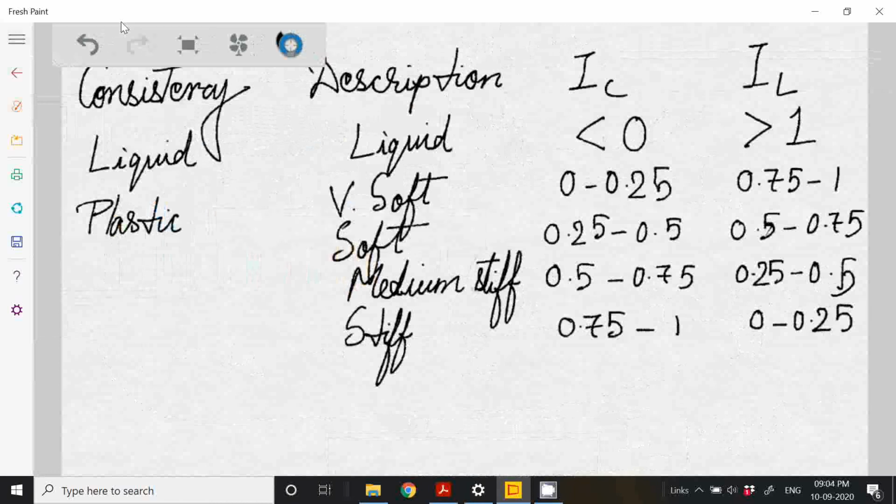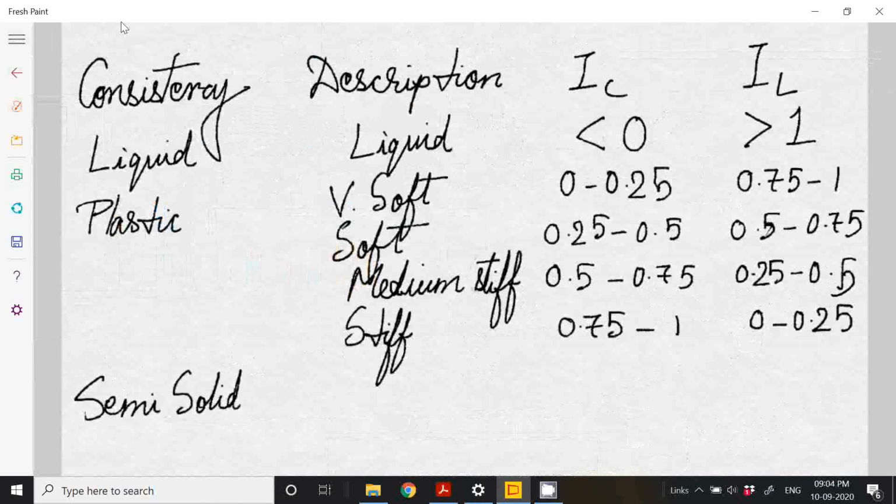Then there are two more. One is semi-solid, another is solid. For semi-solid, the description of the soil will be very stiff or hard.